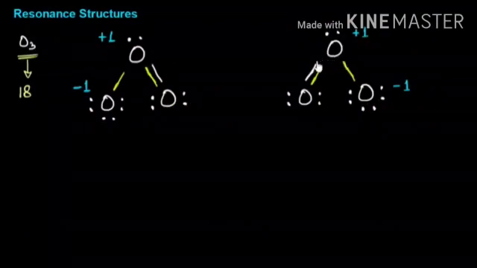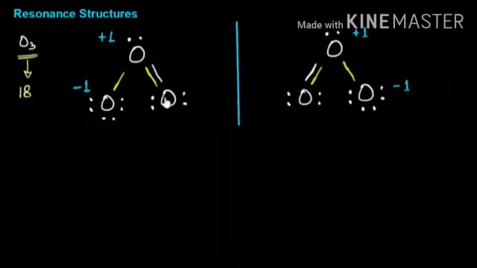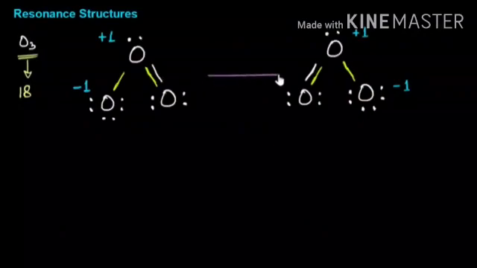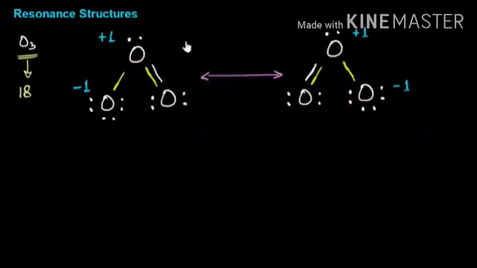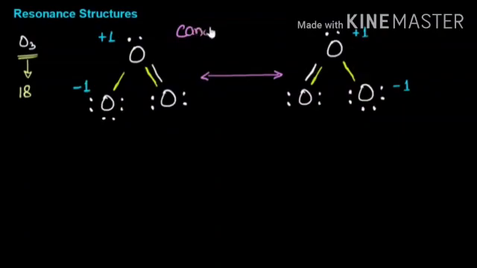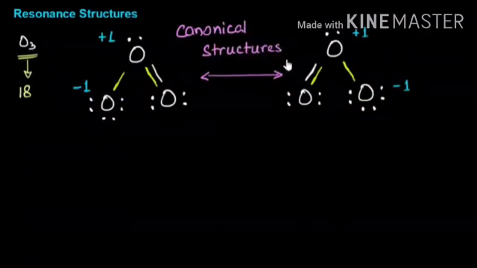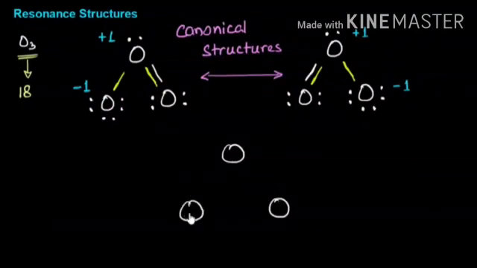Hence, resonating structures are defined as follows: when a molecule cannot be represented by a single structure, but its characteristic properties can be described by two or more structures, then the actual structure is said to be a resonance hybrid, and these structures are known as resonating structures or canonical structures.